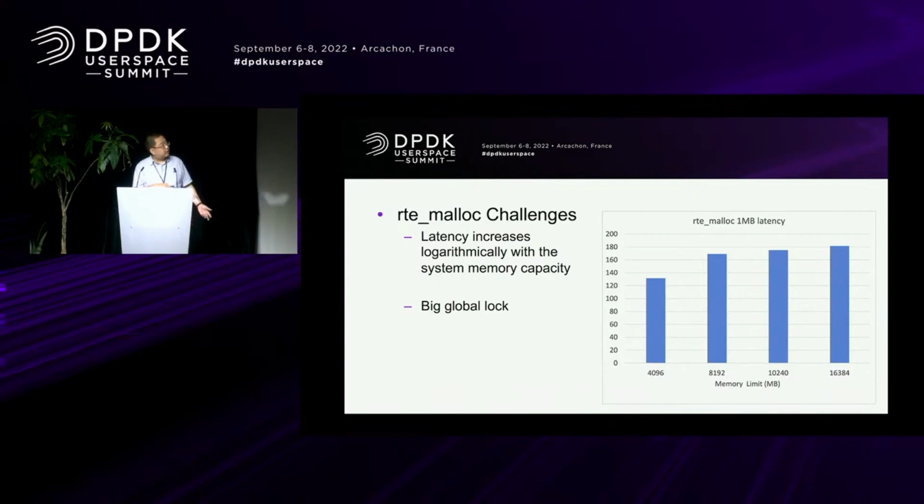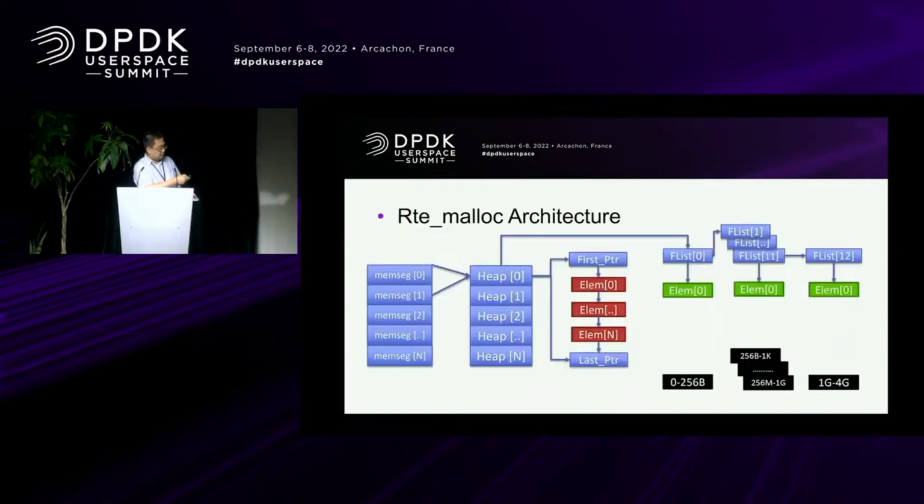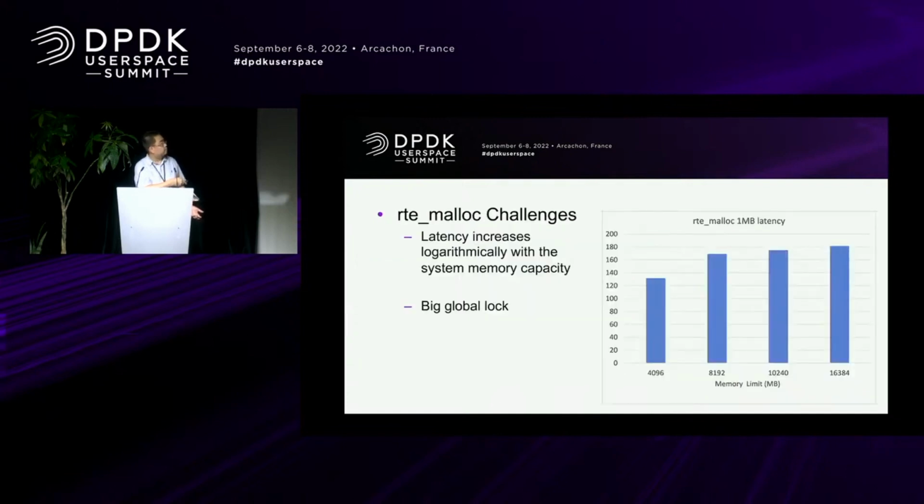Because we do 10,000 memory allocations, it easily runs out of your pre-allocated memory. So you need to go back to here to search for help, reprocessing the whole list. More memory basically means this list is longer, so your processing time may be longer as well. So I believe that's the majority reason we see this latency increase.